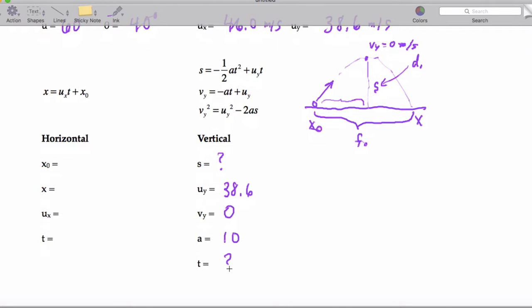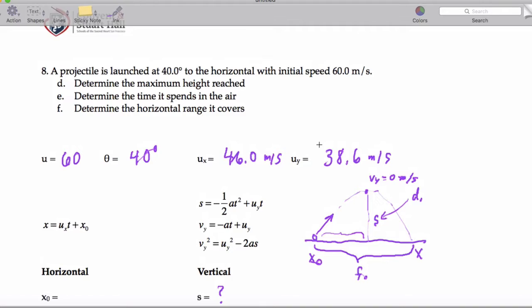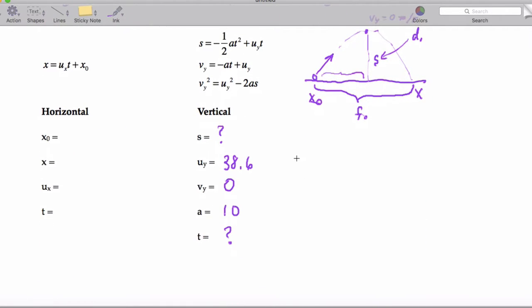Now T is going to be an unknown at this point, but we're going to solve for it in a second. So for the maximum height reached, part D, V squared is Uy squared, with a little y subscript so we remember that we're in the vertical direction, minus 2as. So 0 squared is 38.6 squared minus 20 times s. So we'll square this, and then we'll divide by 20.